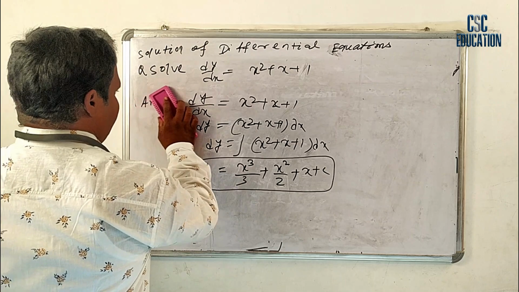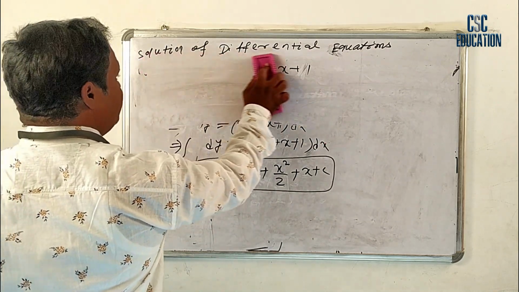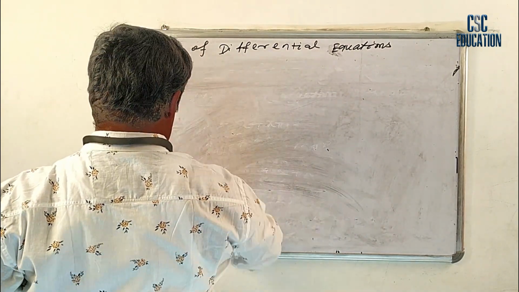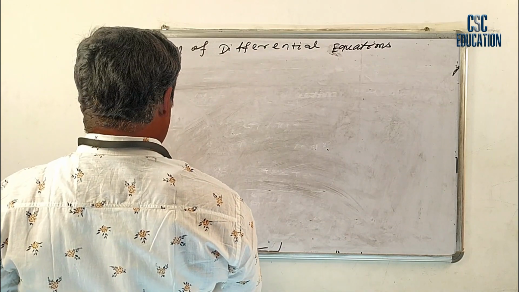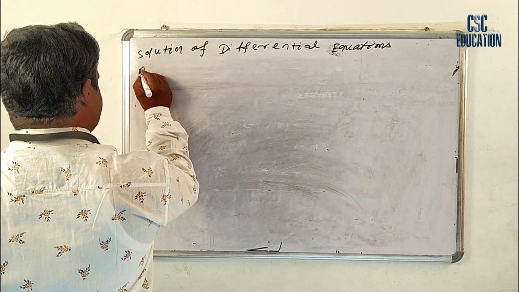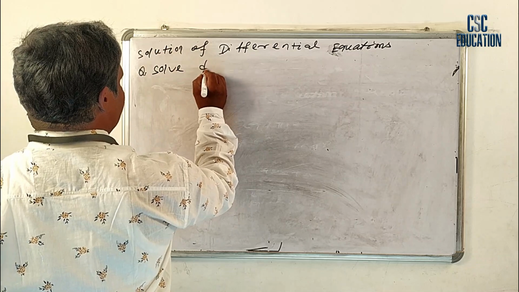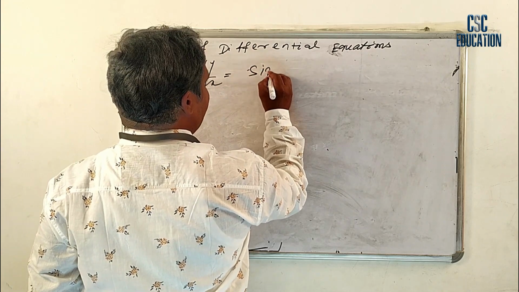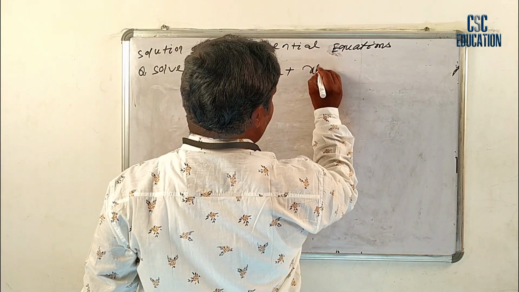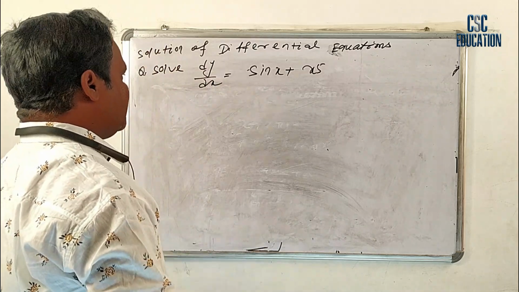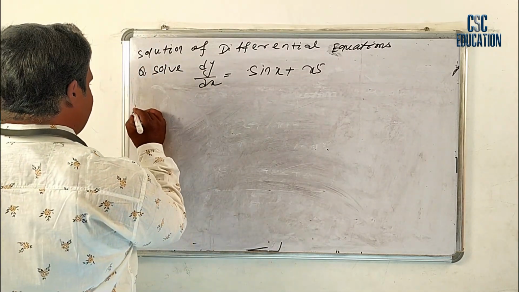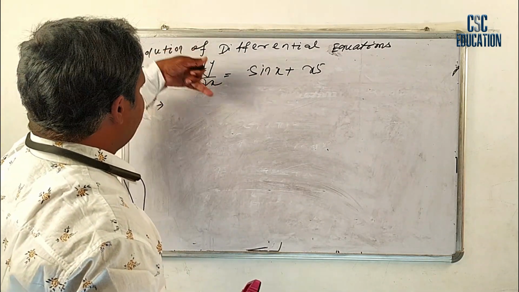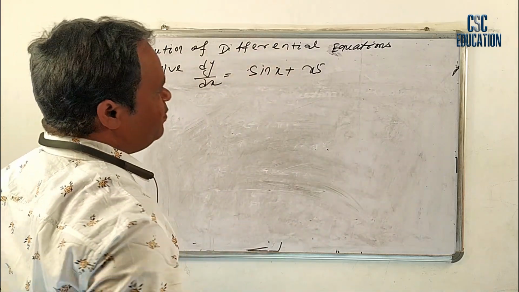Again, another example is given to you. Solve dy by dx equals sine of x plus x to the power 5. This is your question. Now your answer. First of all, your previous type is dy by dx equals f of x.